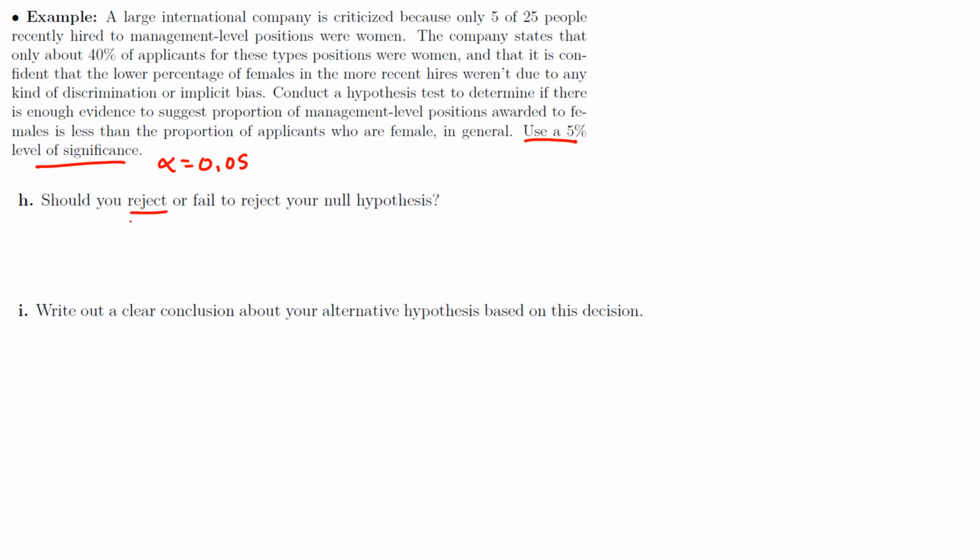So we are going to reject the null hypothesis. And why are we doing that? Because 0.02, which is our p-value, is less than 0.05, which is our level of significance.